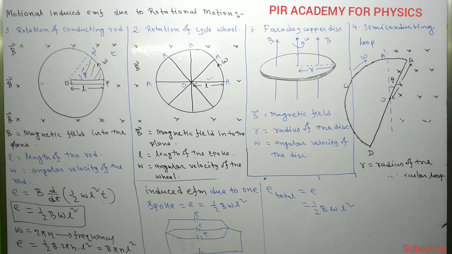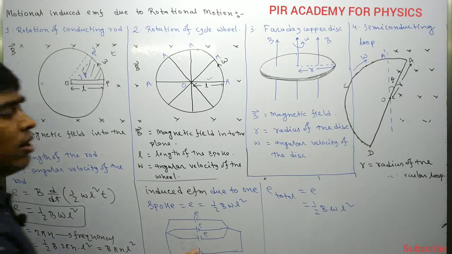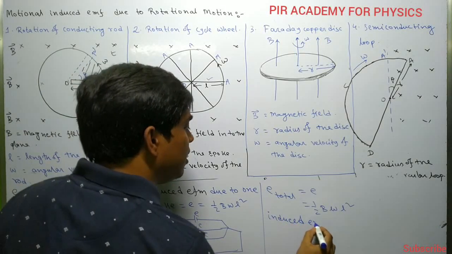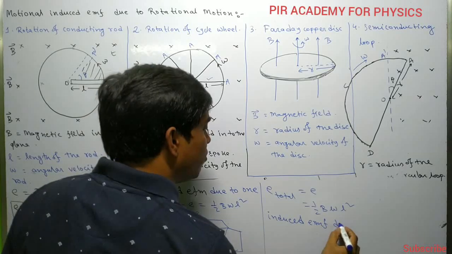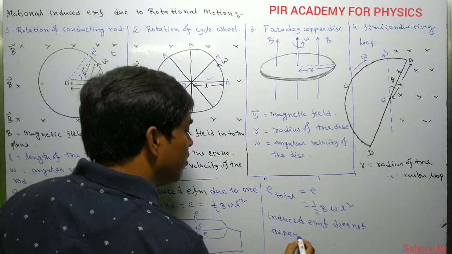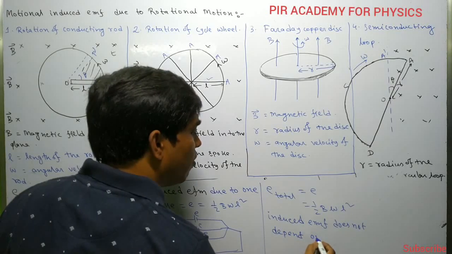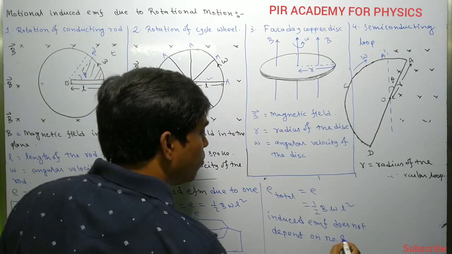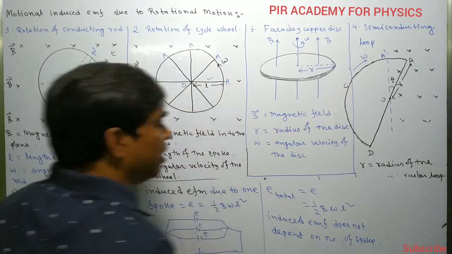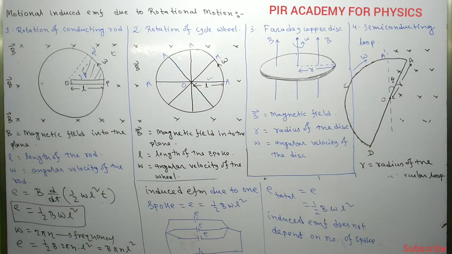Here you see that the induced EMF does not depend on the number of spokes. That means the total EMF equals the EMF generated by one spoke.